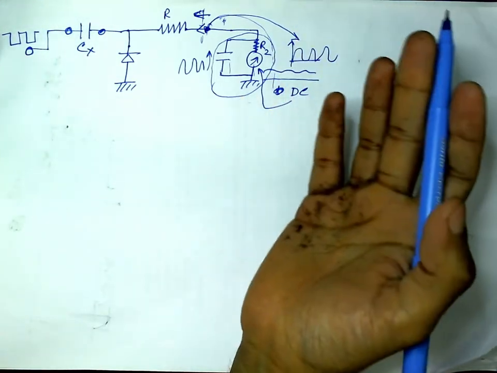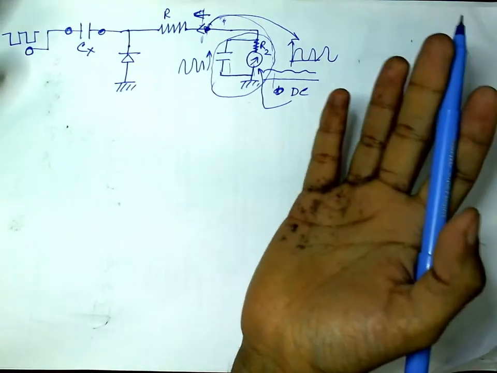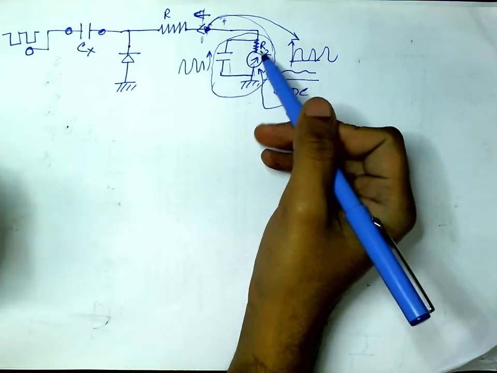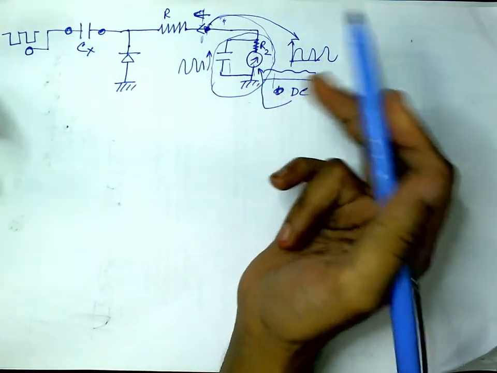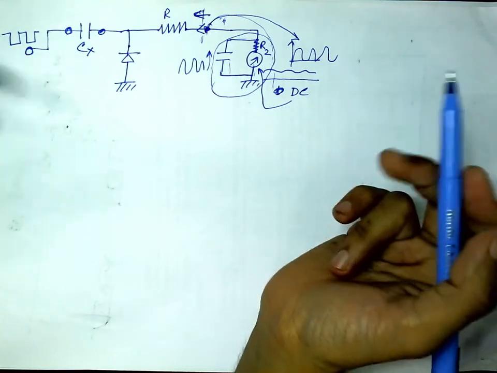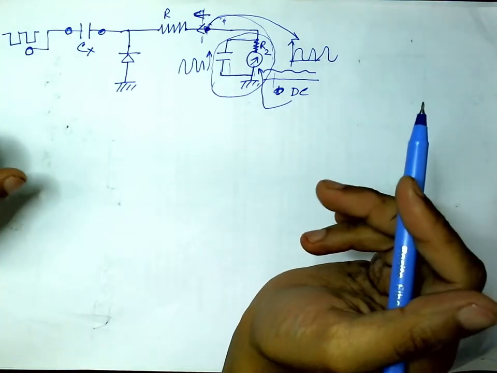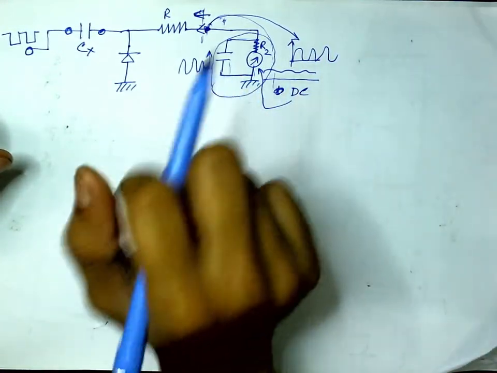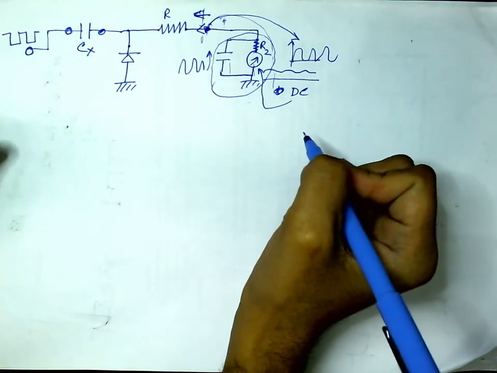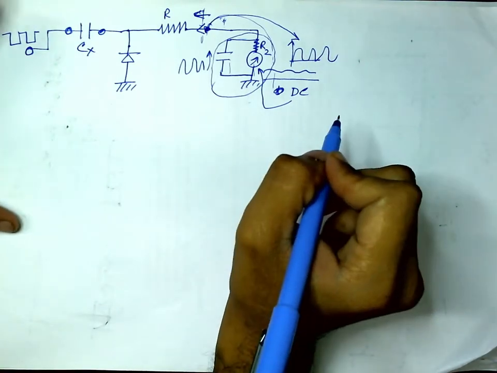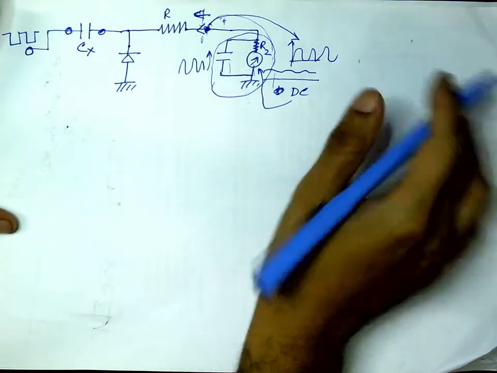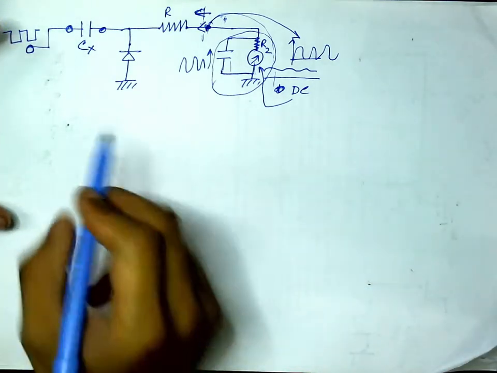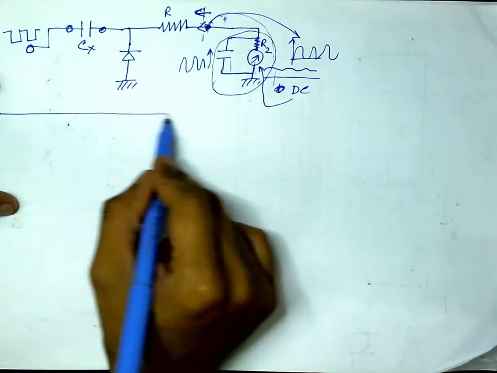There are so many intricate details that we do not talk about in class, but they're there. What should be the value of this capacitance? How much should this resistance be? If you can come up with some solutions, put that in the report. That will be excellent. But we are not talking much about that in this video. In fact, I do not know much detail about that. So that's point number one.